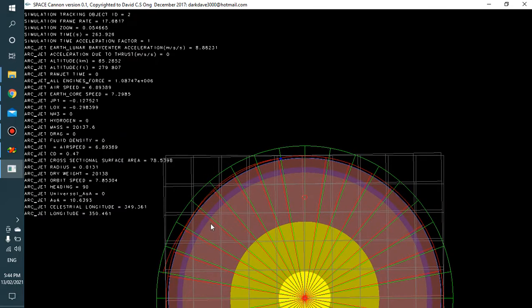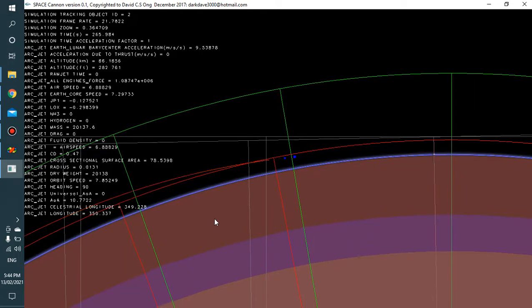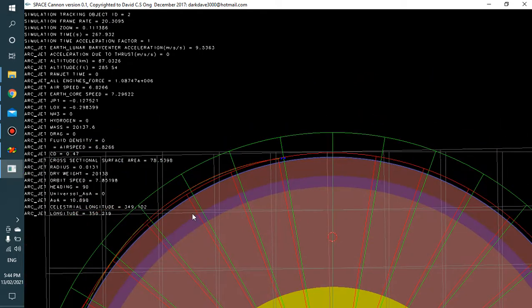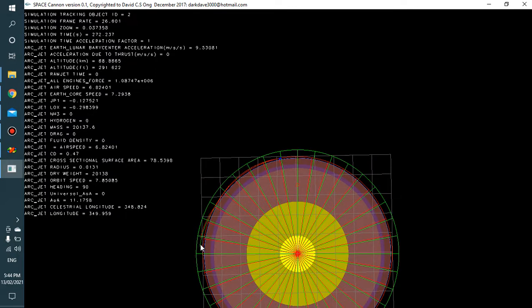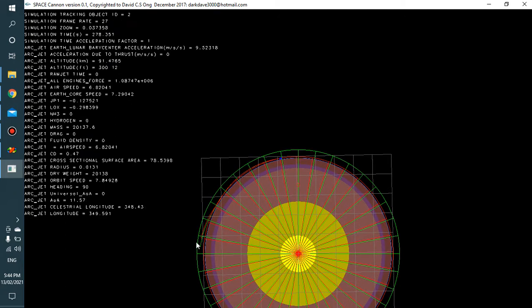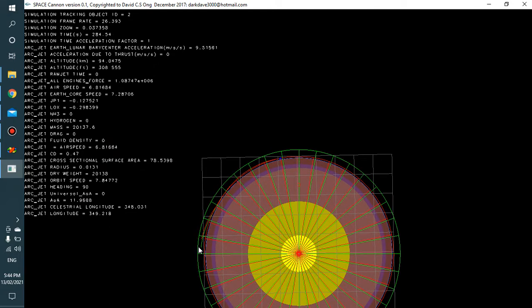Now let me see what's going on. So it looks like we're getting there. I have to wait for this green trajectory to touch this green circular line. Once it does that, I'll switch off my engines.